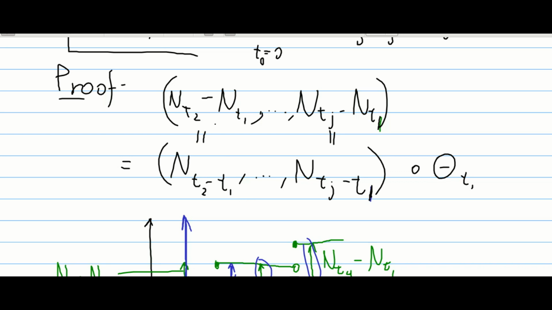So if we are considering, for example, Tj minus 1, Ntj minus Ntj minus 1 is equal to Ntj minus Nt1 minus Ntj minus 1 minus Nt1.